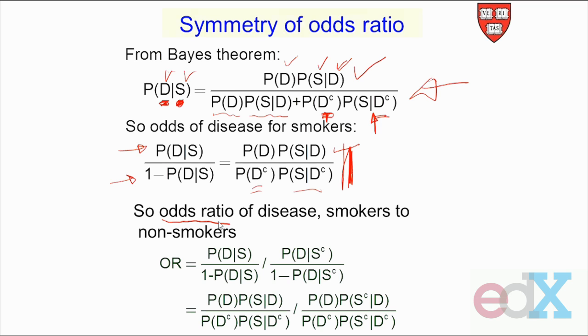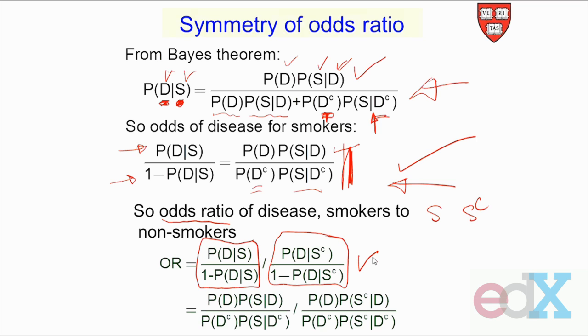That means we have to look at the odds of the disease, that's this one, given that you're a smoker, and then the same thing when you're a non-smoker. So just go back here and replace the S by S^c, and that's what you get here, after a tiny little bit of algebra.